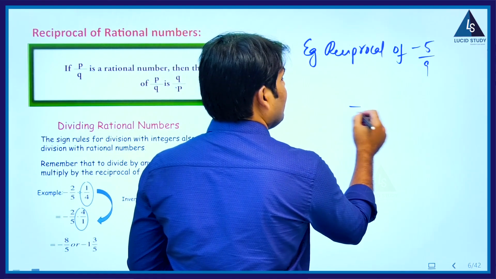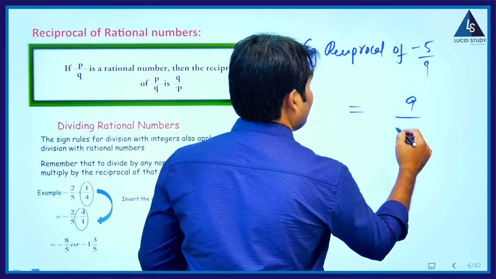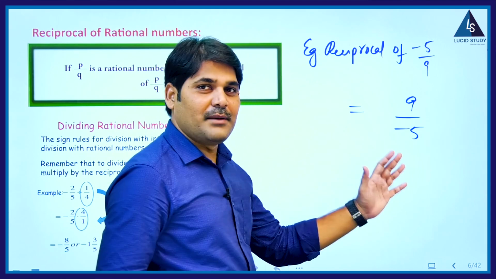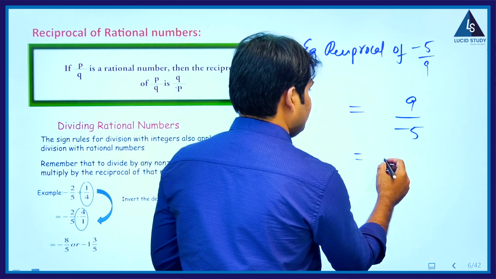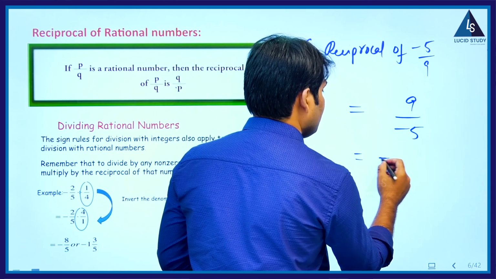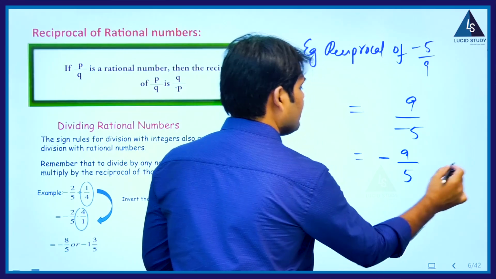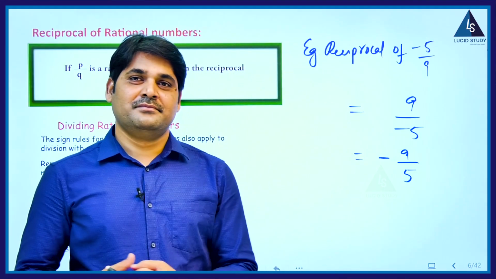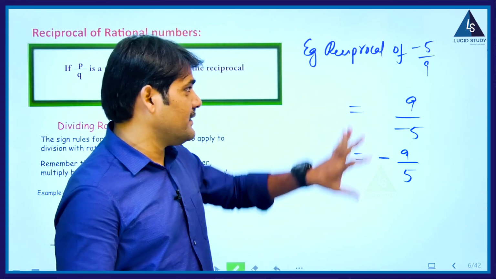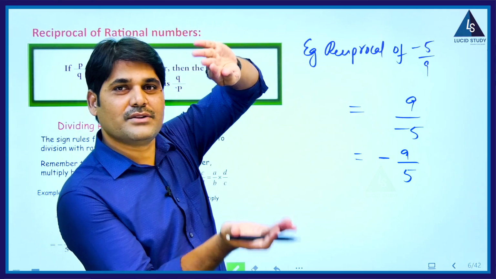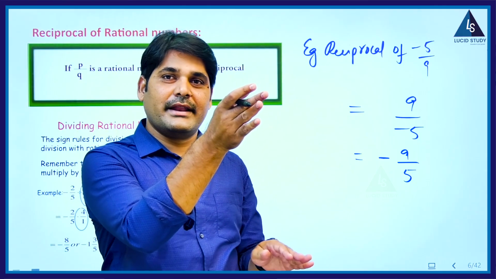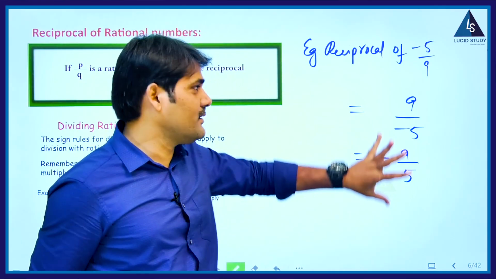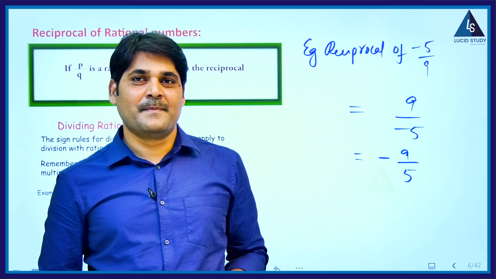So if you change that, it will be 9 by minus 5. 9 by minus 5 is nothing but minus 9 by 5. That's all. So reciprocal means we just change the numerator into the denominator and the denominator into the numerator. Like this we will do that.